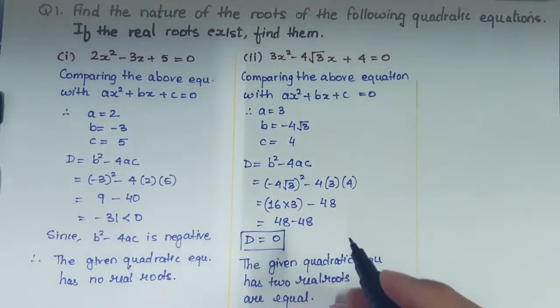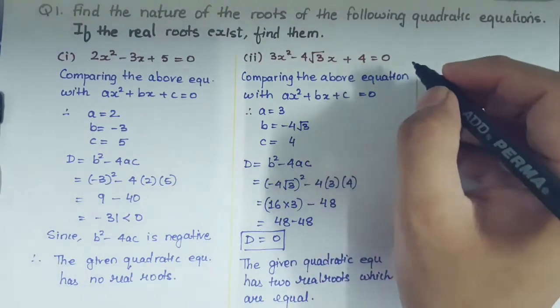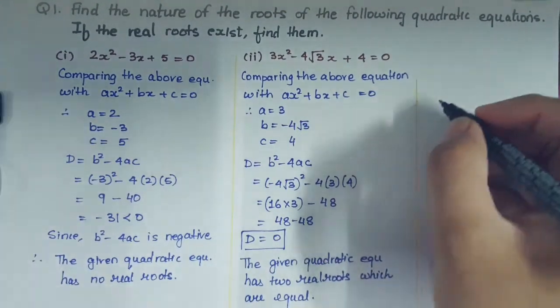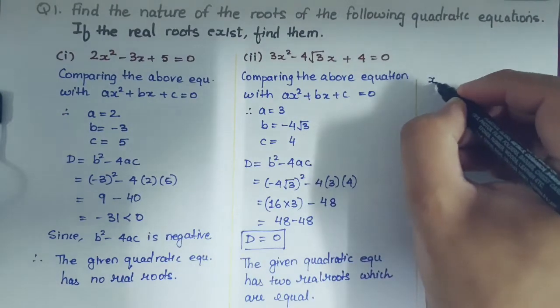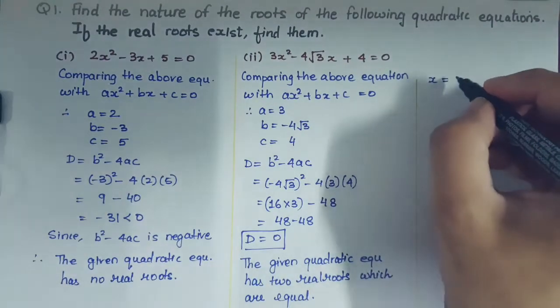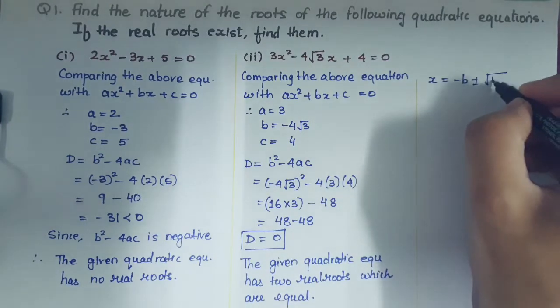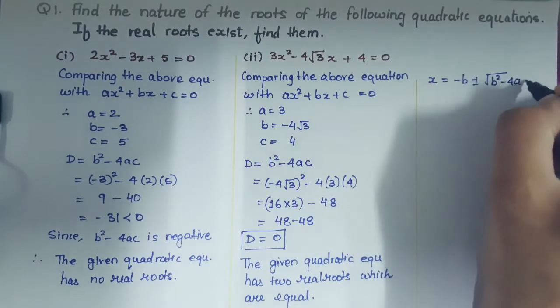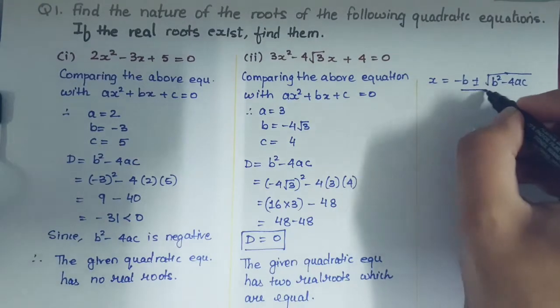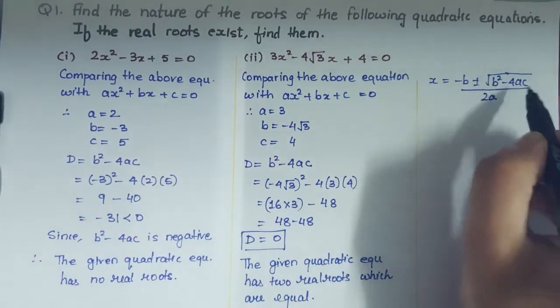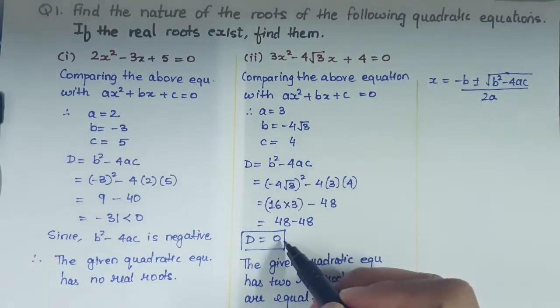So we know the equation x equals to minus b plus minus under root b square minus 4ac upon 2a. Now if you see b square minus 4ac, the discriminant is 0.